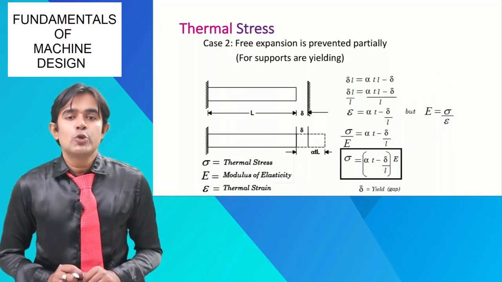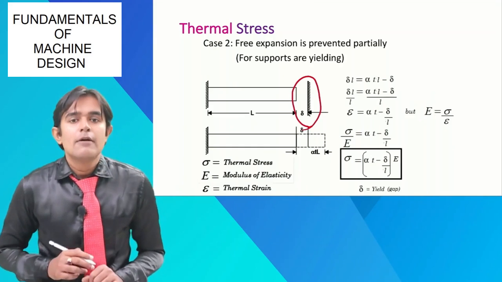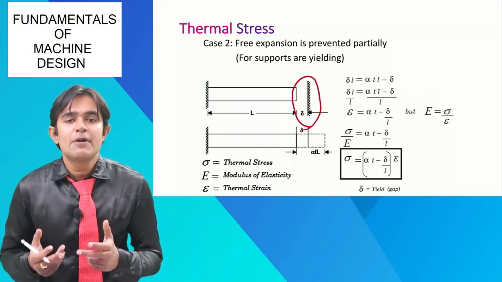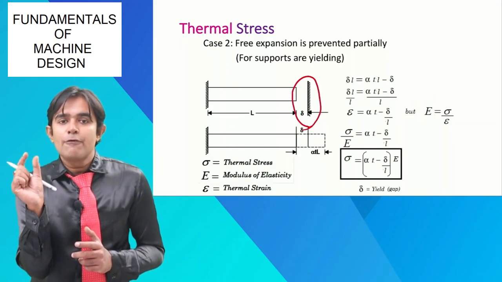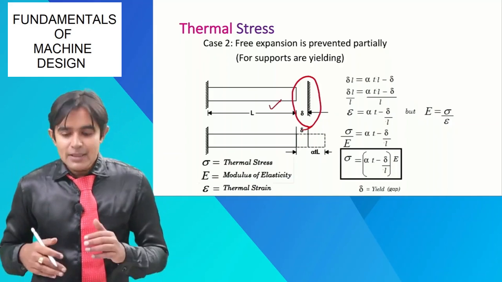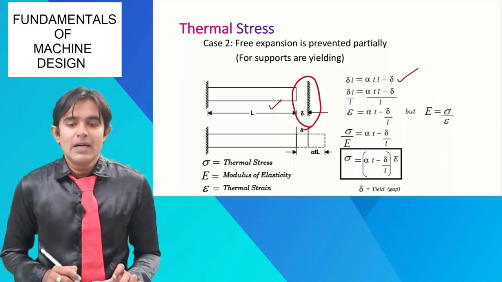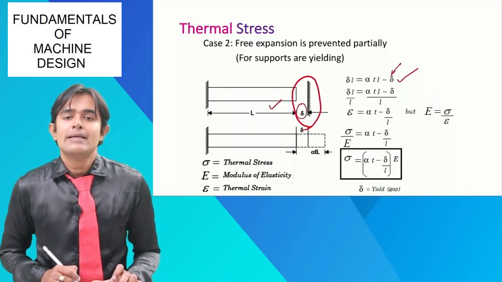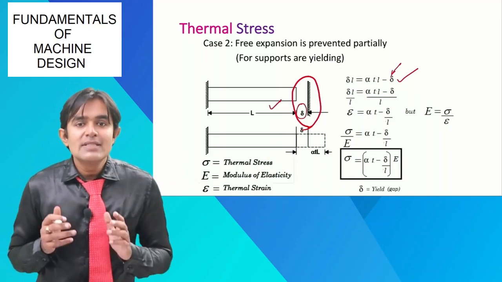Moving to case 2, you can see here there is a gap which is given. So it is not fully prevented, it is partially prevented. So there is going to be a gap for the expansion of this block. Let us put it into formulas. So delta L is alpha TL minus this gap, which is delta, again dividing by length on both sides.